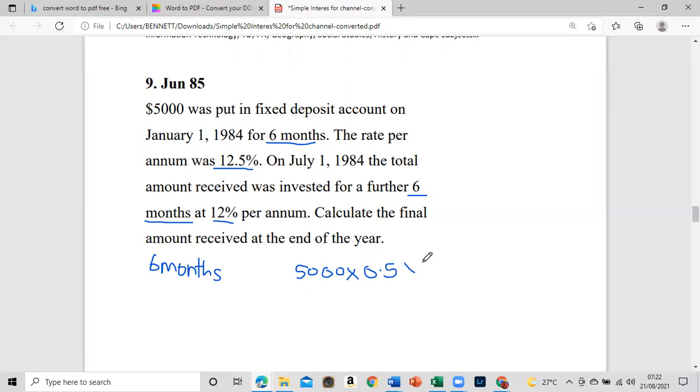And the rate at 12.5%. Let's punch everything in my calculator and work that out. So that's 5,000.